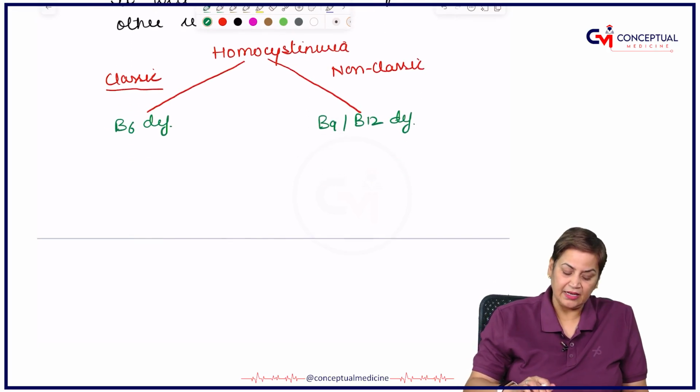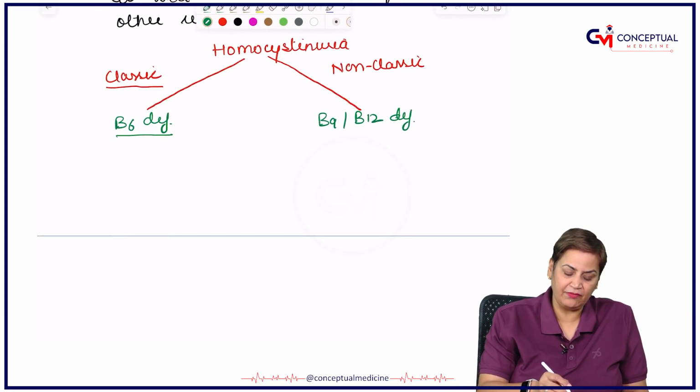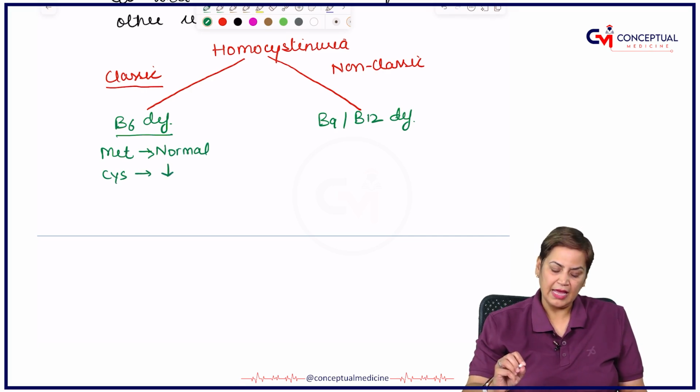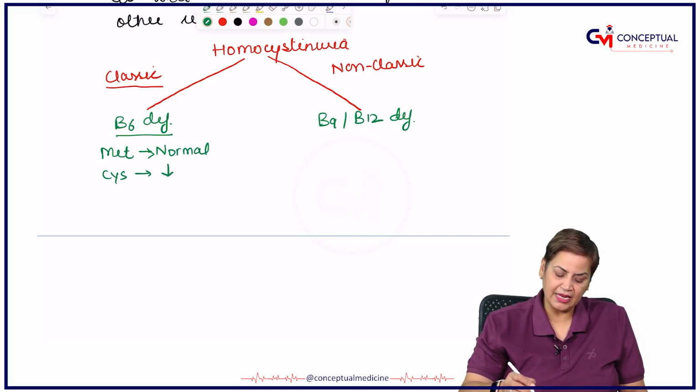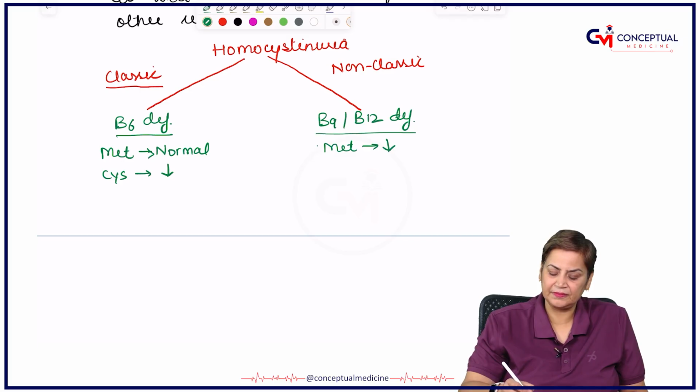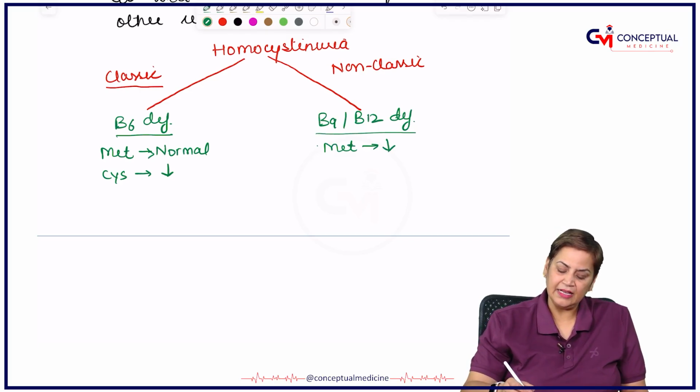In B6 deficiency, methionine is normal, whereas cysteine is reduced. In B9 deficiency, methionine and cysteine will be normal.